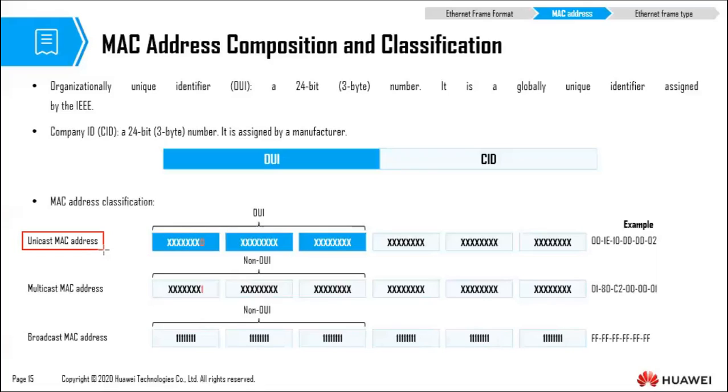What do you think about the multicast MAC address? Can a multicast MAC address be used as the source MAC address? Remember, we said a multicast message is one to many. So can it be used as a source MAC address? It can only be used as a destination MAC address.